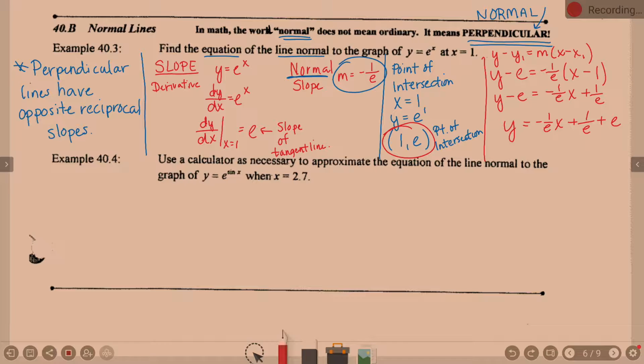You could get decimals, or we could get a common denominator and make this one fraction, but that's not necessary. The key to know is, if I ask you what your y-intercept is, what is your b value? Your b value is 1 over e plus e. It's not just 1 over e or just e. It is whatever that value is together there.